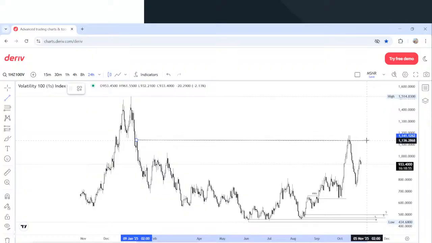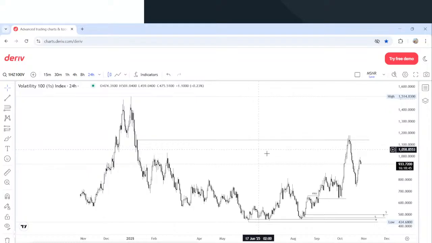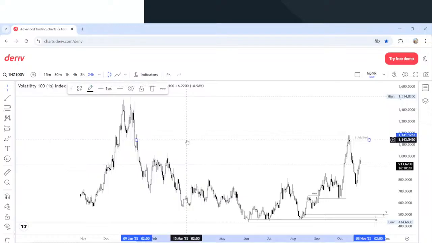This is where the market reacted. But if you look at it closely, there is still something here also, which needs to be tapped.